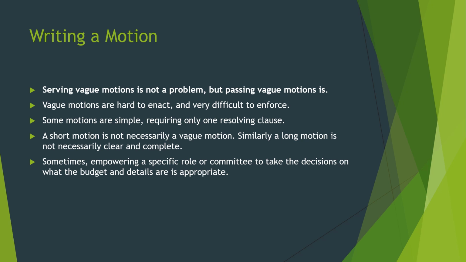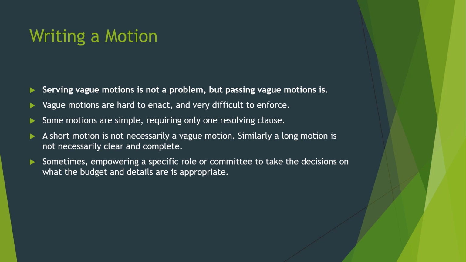That motion is simple, and it's clear, and it's complete. So a short motion is not necessarily a vague motion. Similarly, you can have long motions that are not necessarily clear and complete. So you'll need to practice what it looks like when something is sufficiently clear and complete for your purpose.